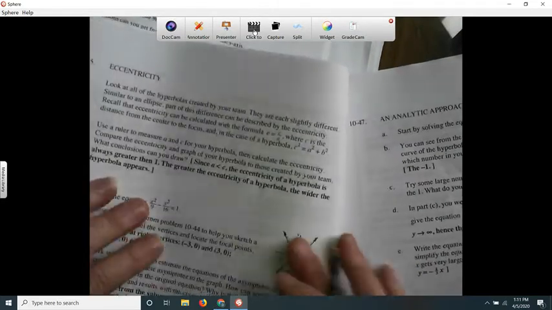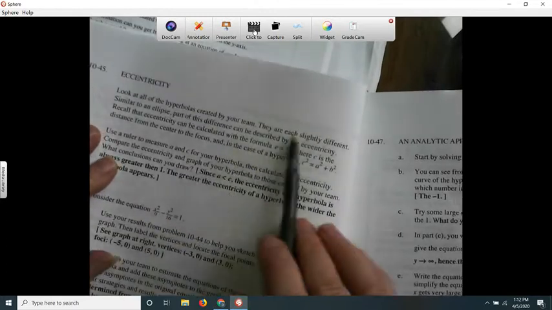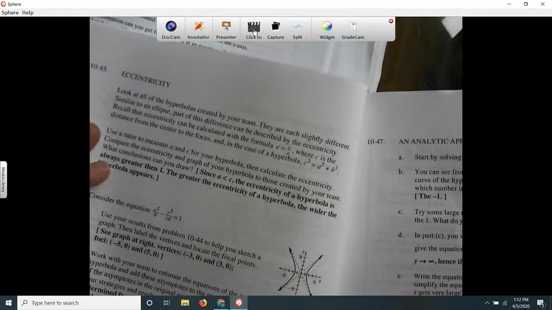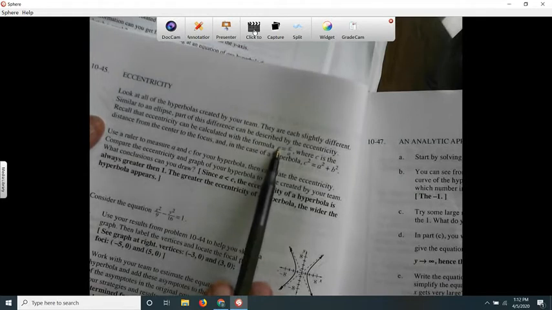Look at all the hyperbolas you've seen so far. Similar to an ellipse, part of this difference can be described by the eccentricity. Recall that eccentricity can be calculated with this formula, E equals C over A, where C is the distance from the center to the focus. In the case of a hyperbola, C squared equals A squared plus B squared.